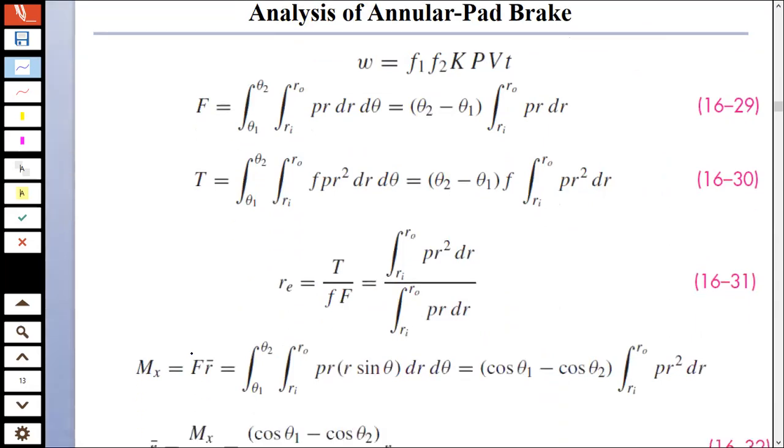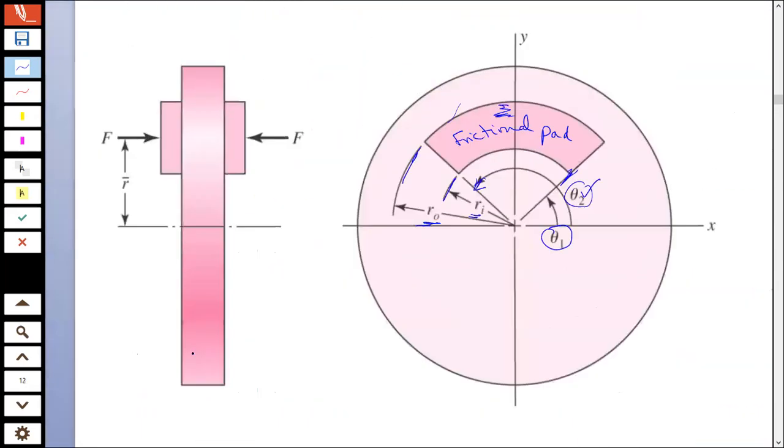Now, in order to analyze this for the force and the torque, first of all, let's do this. कि हम क्या करते हैं कि let's say कि हम यहाँ पे consider a very small element, and let's say that element is somewhere here, ठीक है जी. Let's consider this element over here. Let me draw it again.